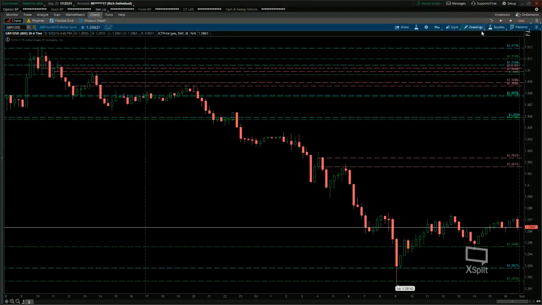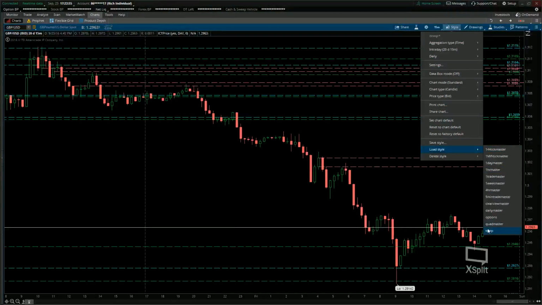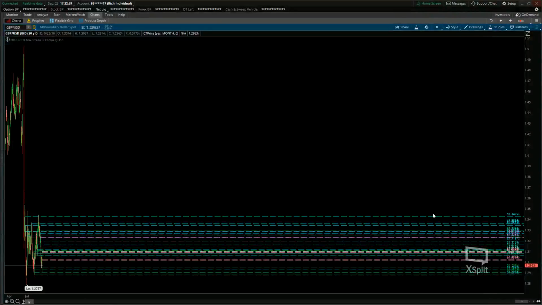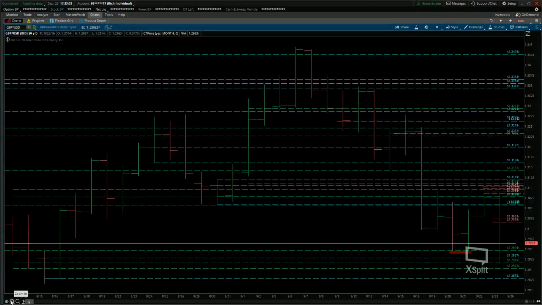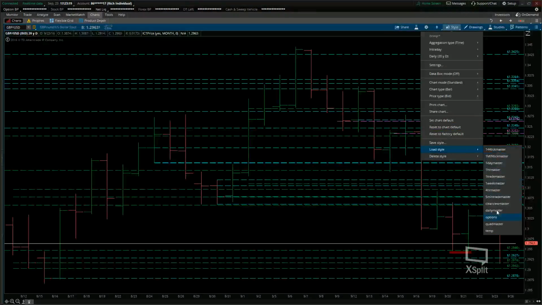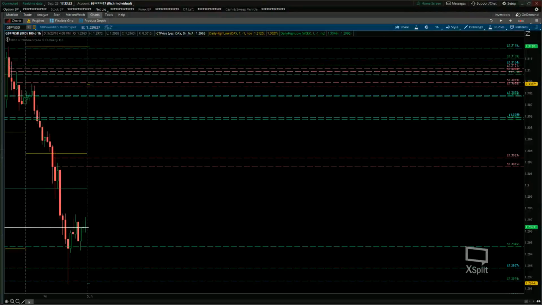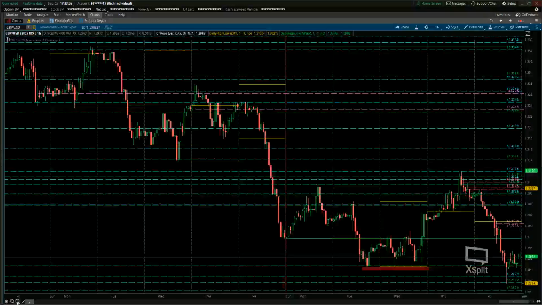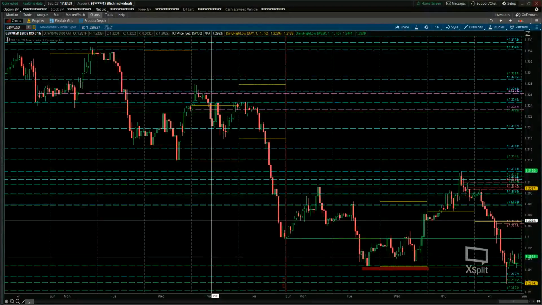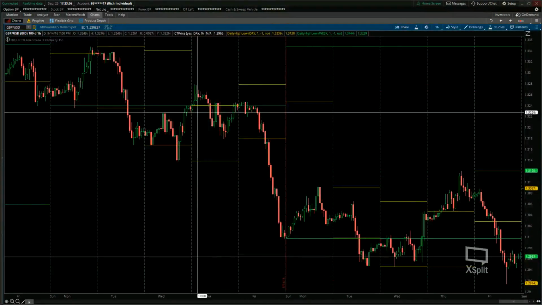So if I bring up what my hourly charts look like, I know this may not seem like anything beneficial, but you just have to put some time in.